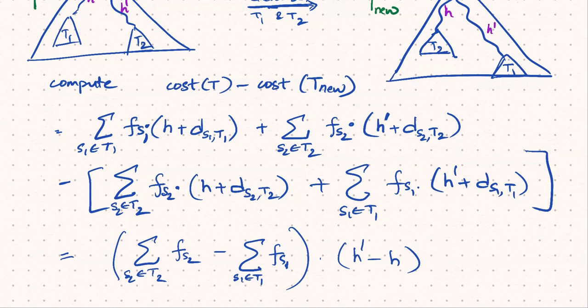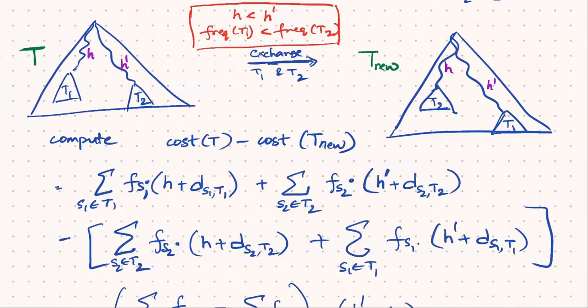All right. So what do we know about this expression? We know that h dash is greater than h. We have said that in the assumption. And what about this? Well, this is nothing but the frequency of T2, and this is the frequency of T1. And we know that the frequency of T2 is greater than the frequency of T1.